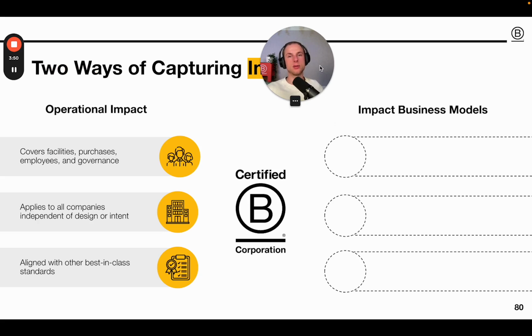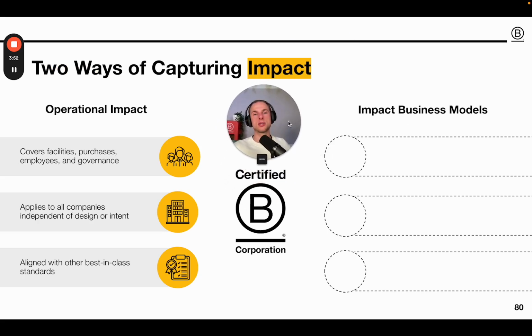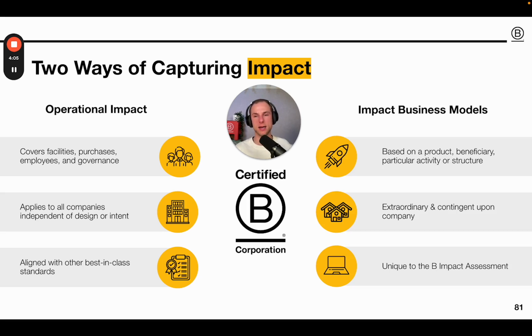Getting back to those two different ways, we'll see that impact business models are more special and more related to the reason of existence of a company. So if we look at those deciding factors, impact business models are either based on a product, a service, a particular beneficiary, or an activity or a structure of your company.